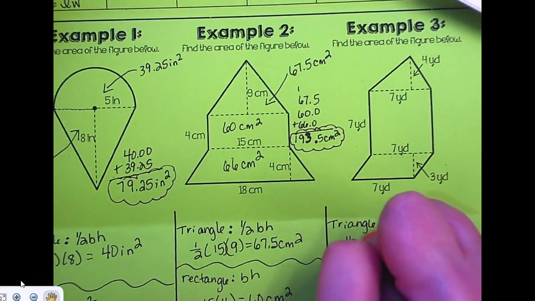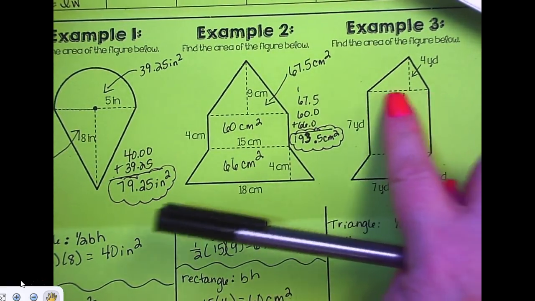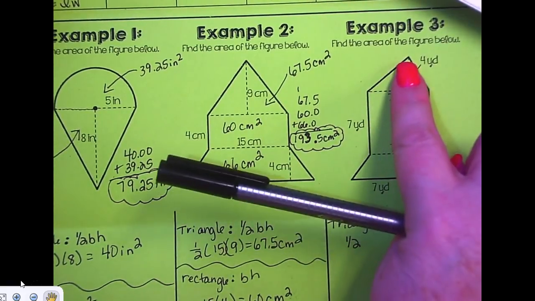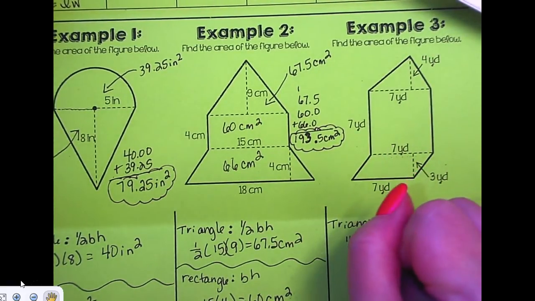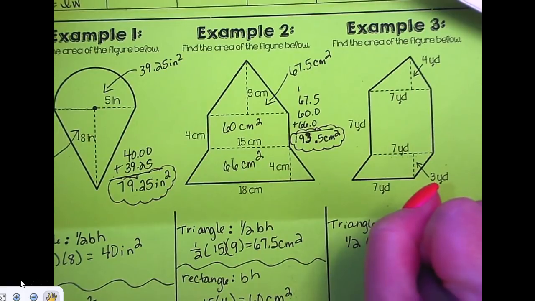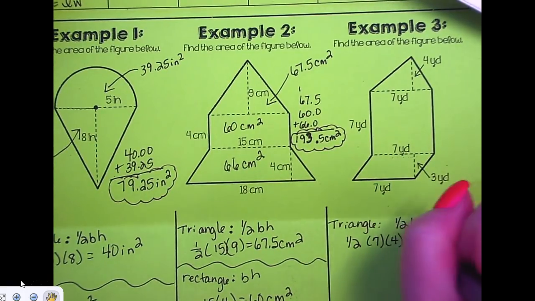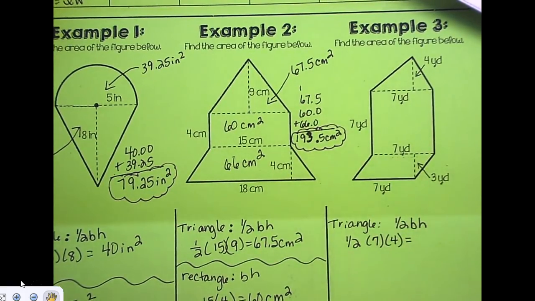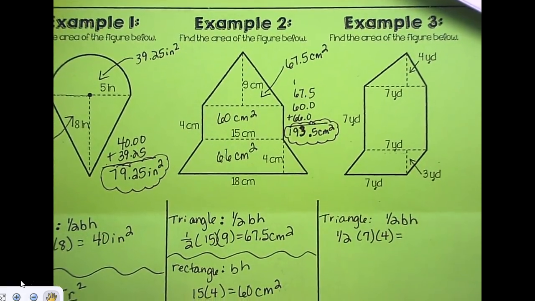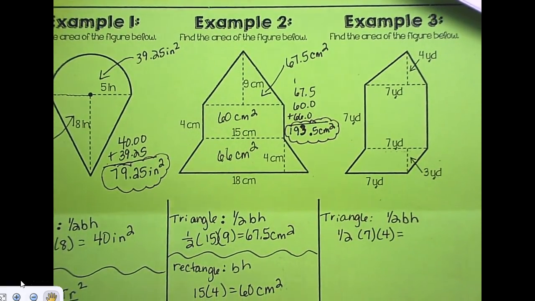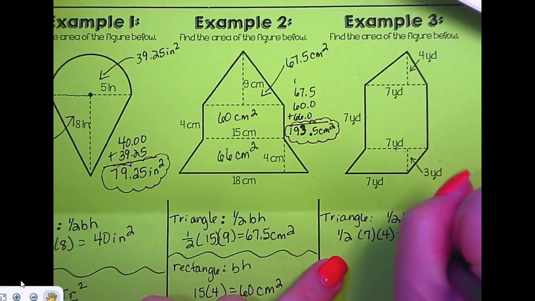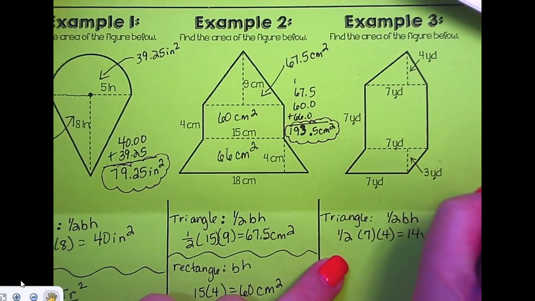So 1/2, the base is 7 and the height is 4. 1/2 of 7 times 4. 7 times 4 is 28, and half of 28 is 14. 14 yards squared.